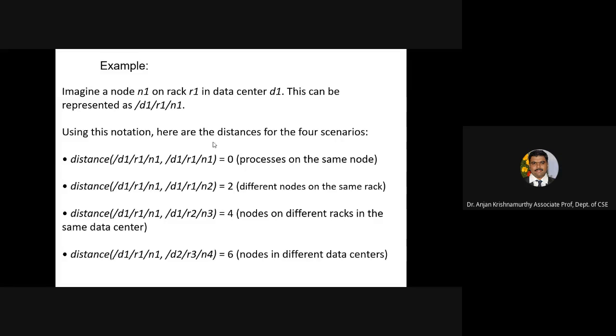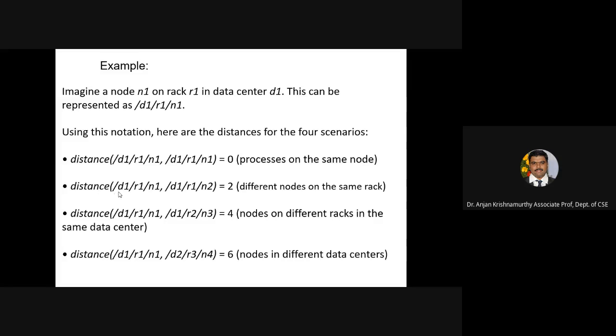So the notation for calculation of distances for the four scenarios we discussed in the previous slide is something like this. The first scenario was the processes exist on the same node, right? So that is /d1/r1/n1 and /d1/r1/n1. The distance of this is 0 because the processes are existing on the same node.